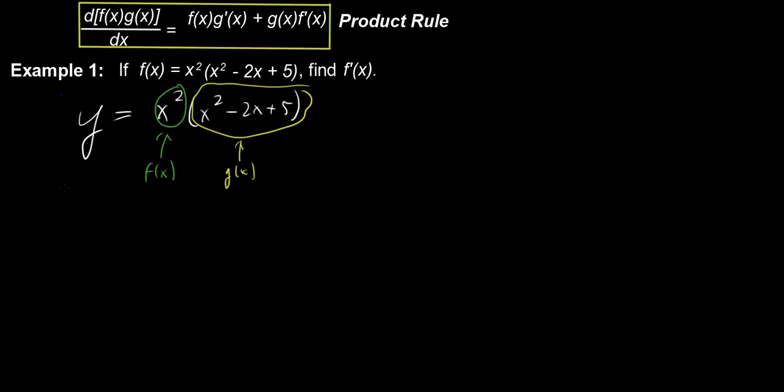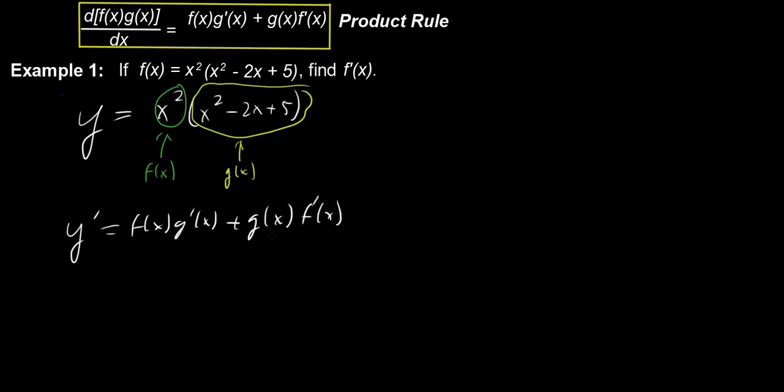And I can say then that y prime, which is really the derivative of my original function, right? Y prime is going to be f of x times g prime of x plus g of x times f prime of x for the f and g that I circled in green and yellow, respectively.